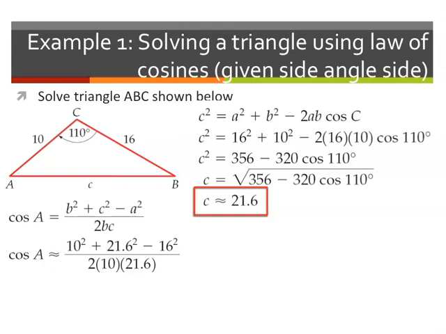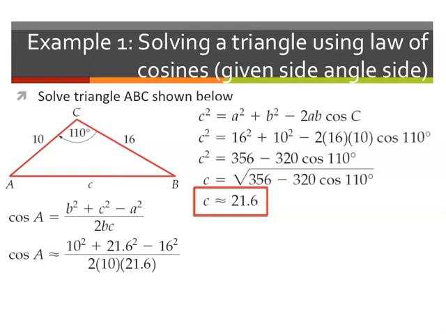Now, what you want to do here is make sure that if you are putting this into the calculator, it does follow rules of PEMDAS. However, in order to make sure the calculator knows that the entire 10 squared plus 21.6 squared minus 16 squared is all in the numerator, you'll need to put that in parentheses. Put the numerator in parentheses before you divide.